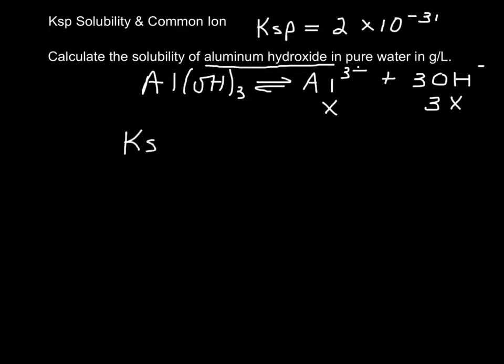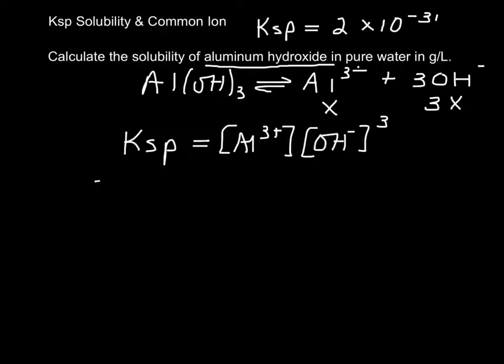So Ksp, I write my expression: concentration of aluminum ion times the concentration of hydroxide ion cubed. So I know Ksp is 2 times 10 to the minus 31. And I'm going to call aluminum x, and then hydroxide ion concentration is 3x.